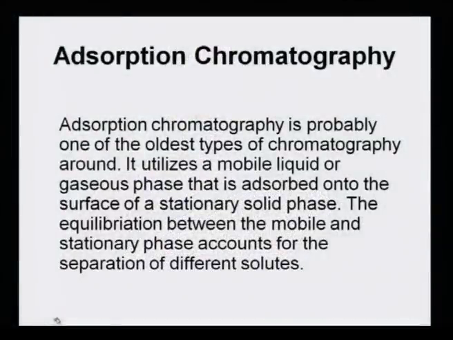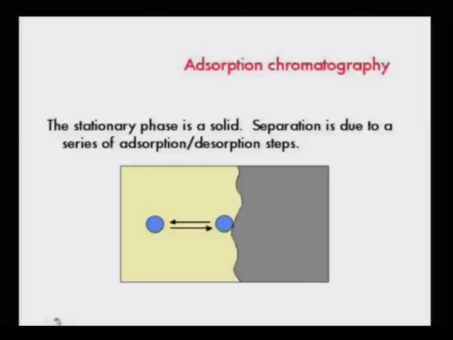It utilizes a mobile liquid or gaseous phase that is adsorbed onto the surface of the stationary solid phase. The equilibration between the mobile and the stationary phase accounts for the separation of different solutes. Now, a pictorial example of adsorption chromatography is shown here.